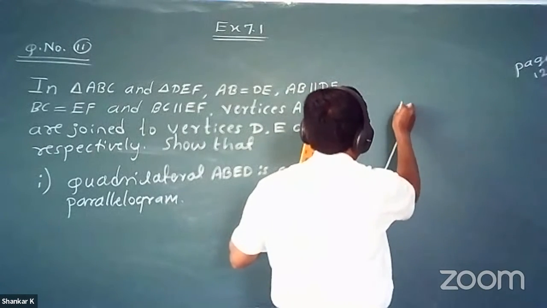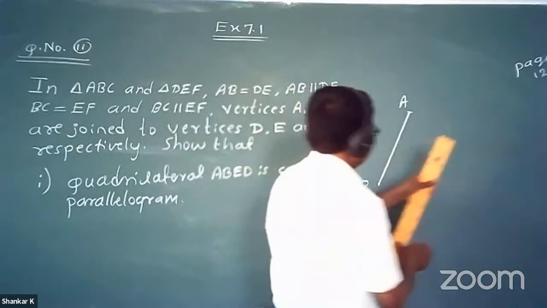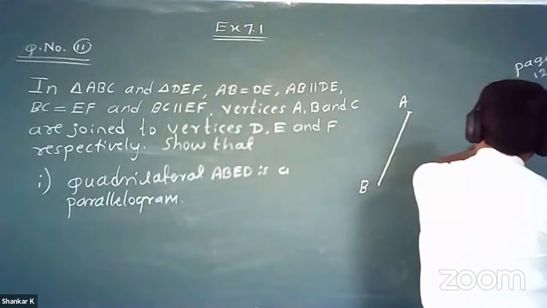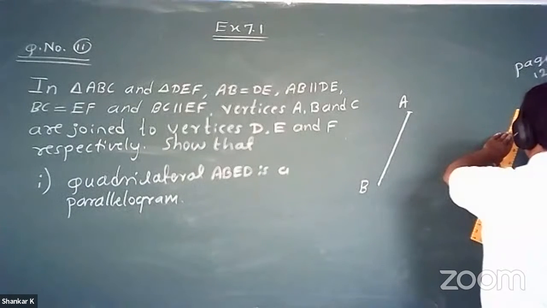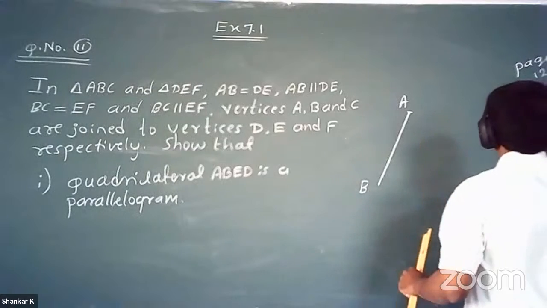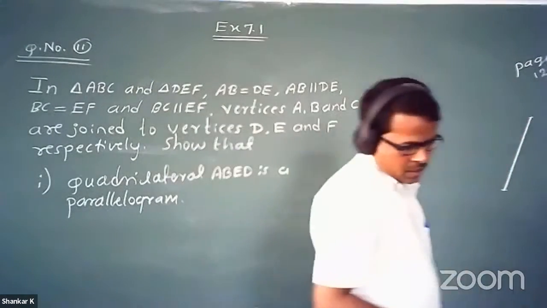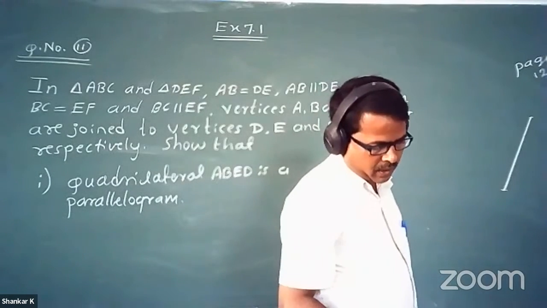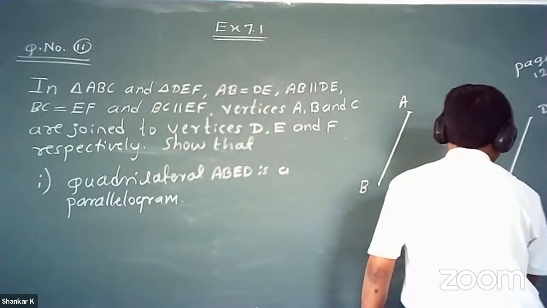First I have drawn AB. It is not construction. They have given AB equal to DE.